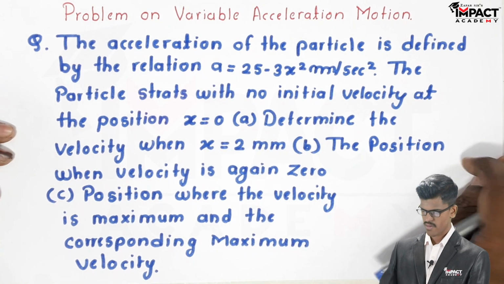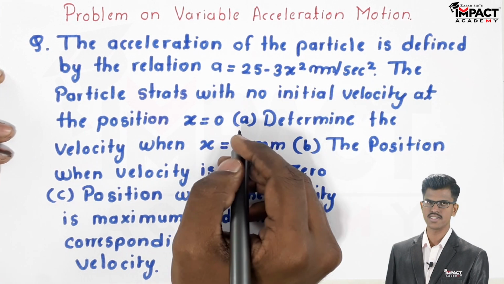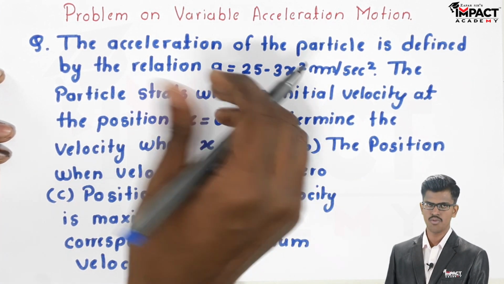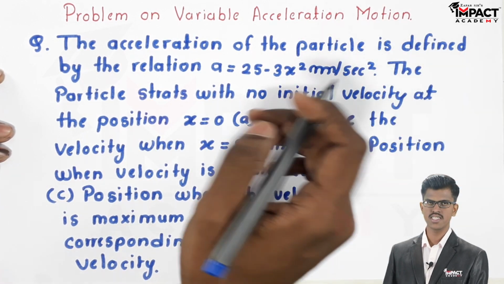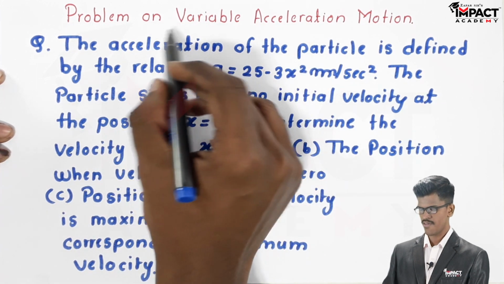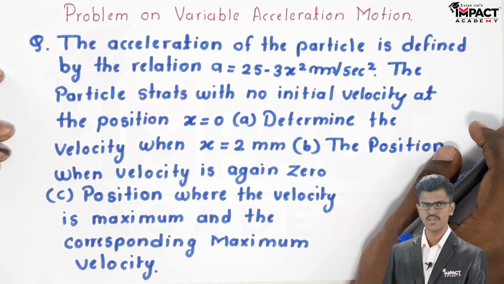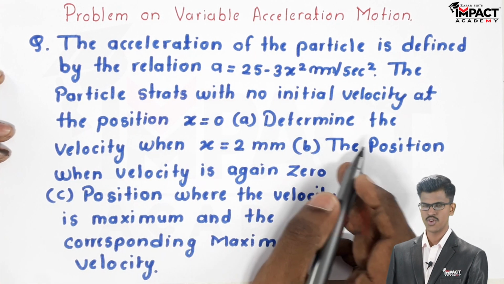In this problem, the acceleration is a function of x, meaning it is a function of position. If the position of the particle changes, the acceleration keeps on changing, so it is a variable acceleration motion. Here we have to calculate three unknowns.